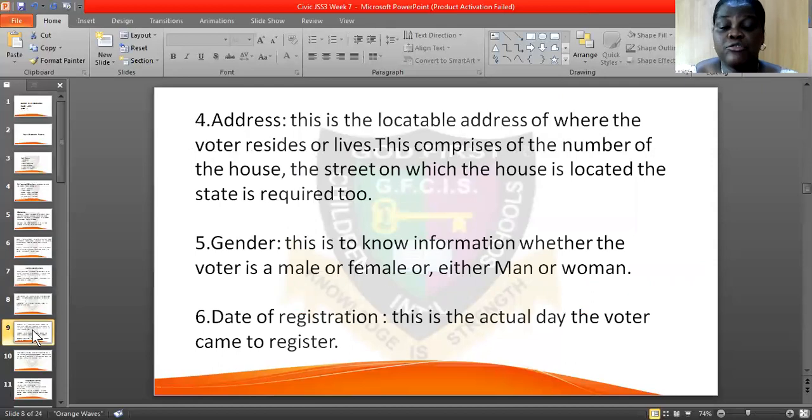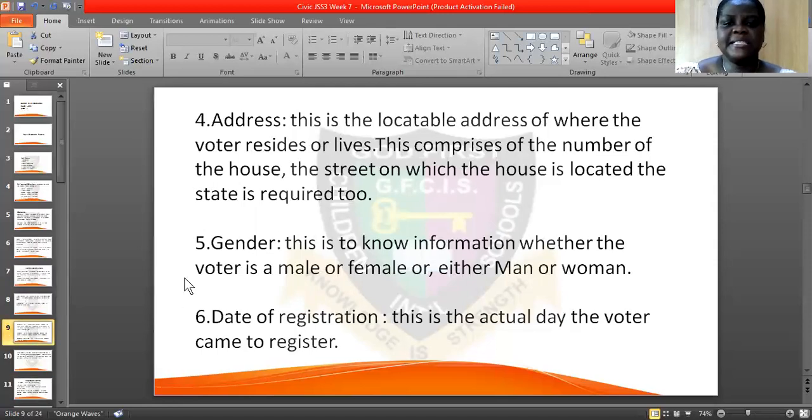The next one is address. Address has to do with the location of the residence or work address of the voter. The address has to do with the house number, the house street, the ward, the local government area, and the state. Take for instance, 35 Aladelola Street off Ikosi, Ketu, Lagos State.